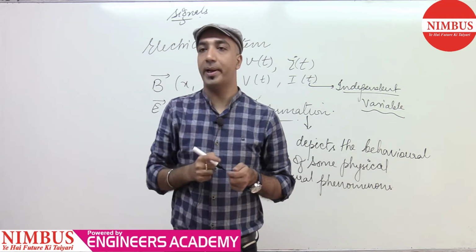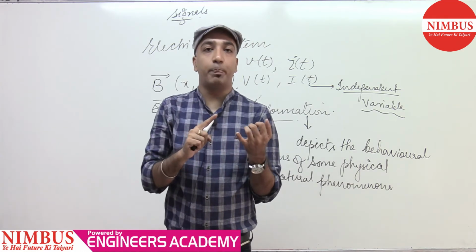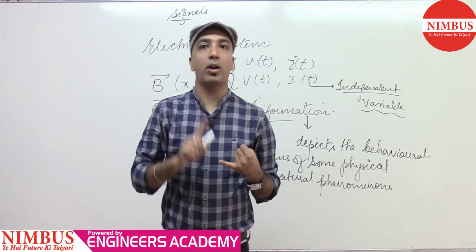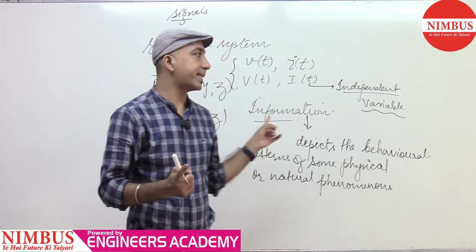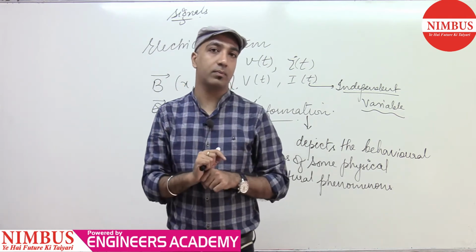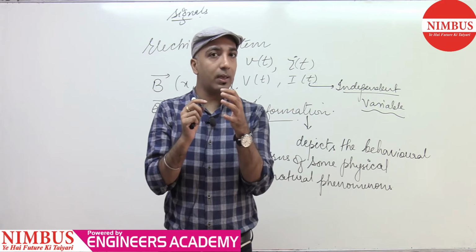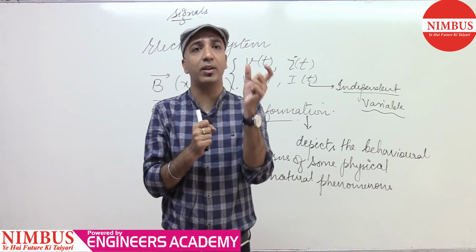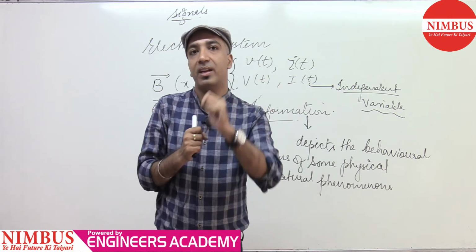So there is one more point. The independent variable could be other than time. It could be time or other than time also, like in this example. And it could be more than one. It is not a must condition that a function should vary with one variation.